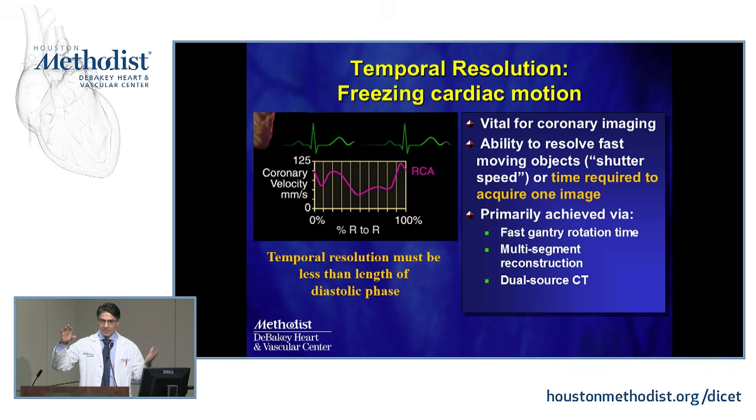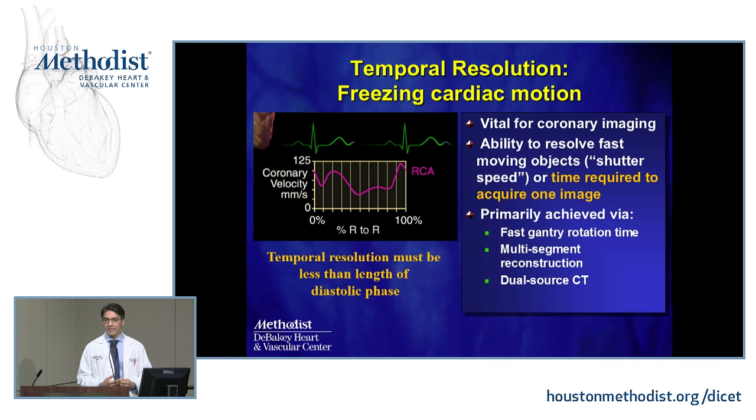When we took the cover off that scanner, there's a lot of equipment there. It's very, very heavy. There are tremendous G-forces generated when you spin it 180 degrees. So your temporal resolution was limited by how fast you could spin that gantry.